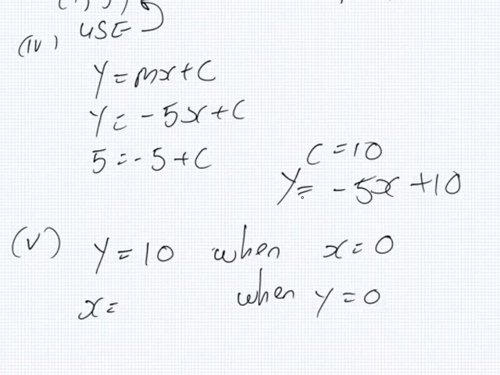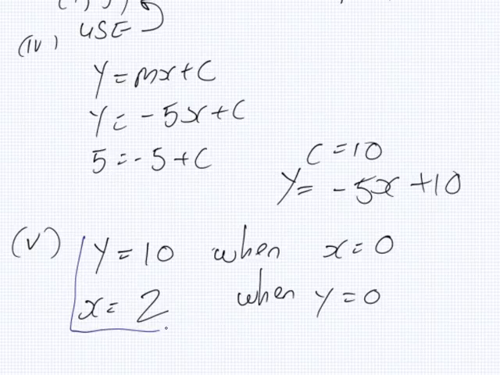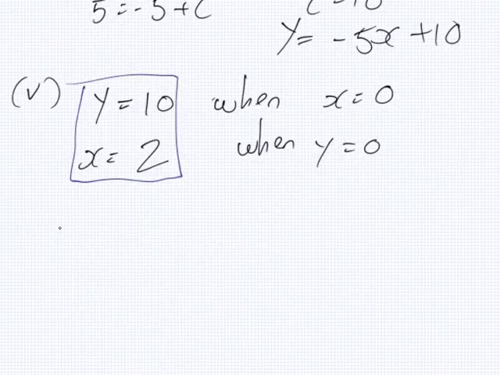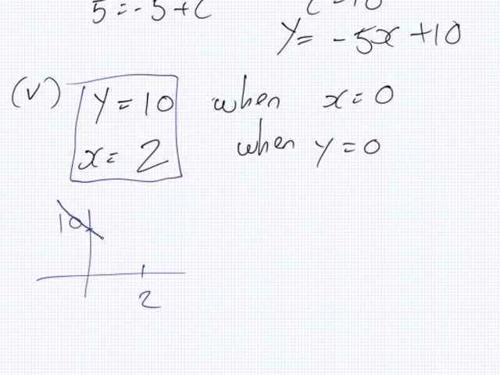You can see it in your head nearly. How do you make this 0? Come on, x must be 2. So this is where it crosses the x and the y axis, at 2 and at 10.